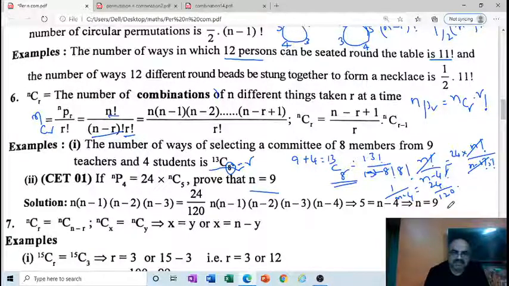Okay, if I take n minus 4 equals 120 by 24. 24 how many times? 5 times. n minus 4 equals 5. So n equals 9.